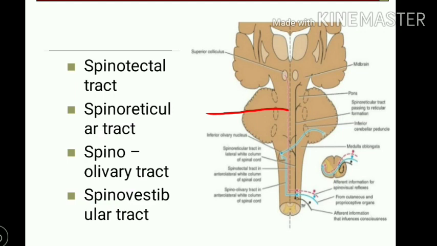Another is the spinoreticular tract, this black one, and the spino-olivary tract, from the spinal cord to the inferior olivary nucleus in the medulla, colored blue in the diagram. Another is the spinovestibular tract, not shown in the diagram, from the spinal cord to the vestibular nucleus present in the medulla oblongata.